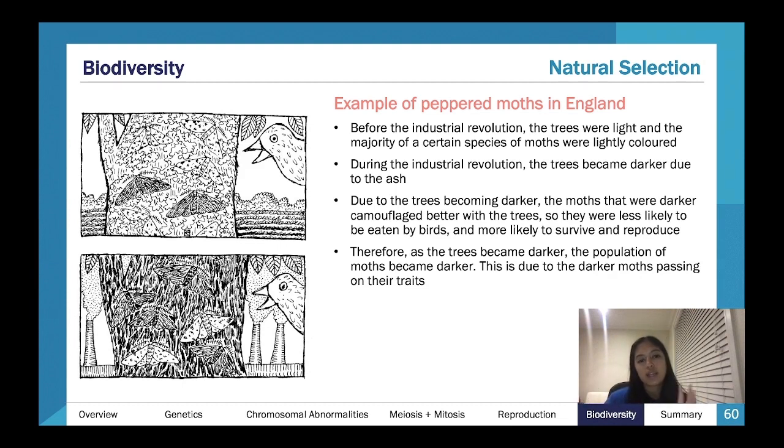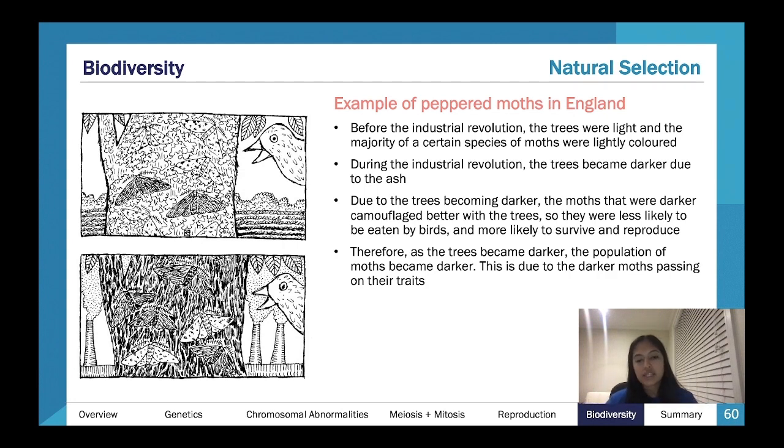This results in the black moths having more time to survive, more likely to survive, and more time to reproduce, more time to pass their alleles. This is something that you say as well, like they pass their alleles or pass their traits onto their offspring. So they survive, they reproduce, and they pass down their alleles. And that means that over a few generations, the population starts to look more like them. You get less white moths and more black moths.